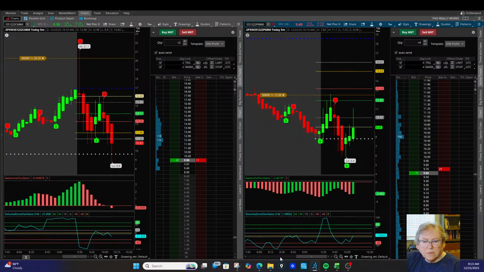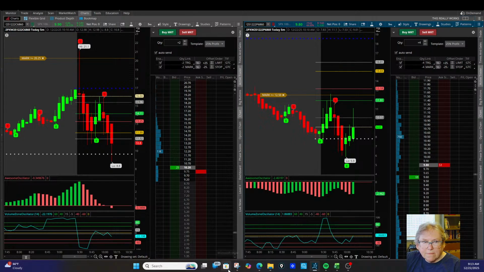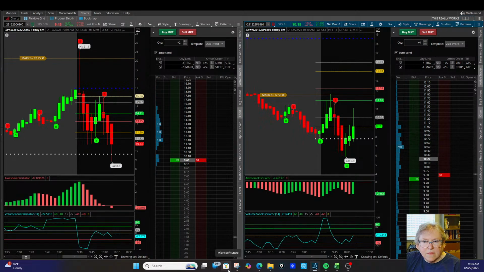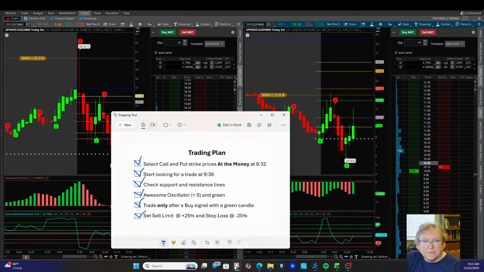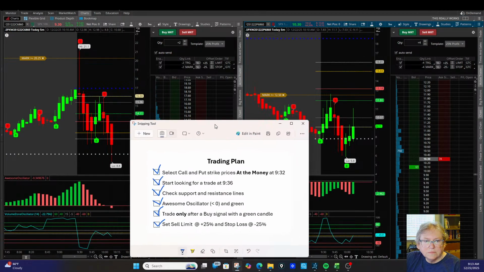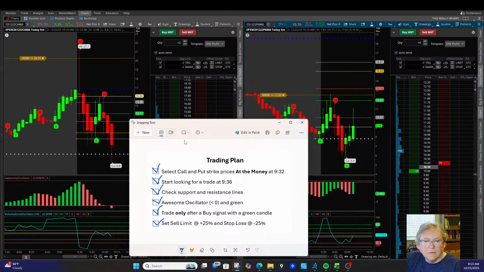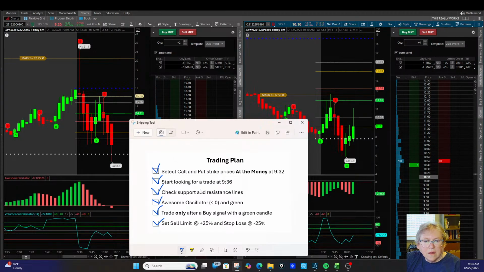Okay, so let's look back at this a minute. Check support resistance lines, did that. I saw it to mean that this white line was a support line.